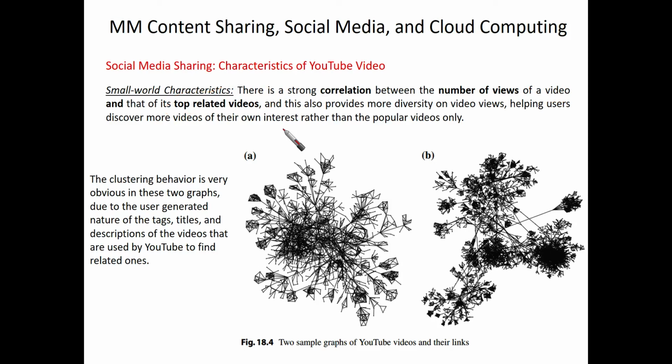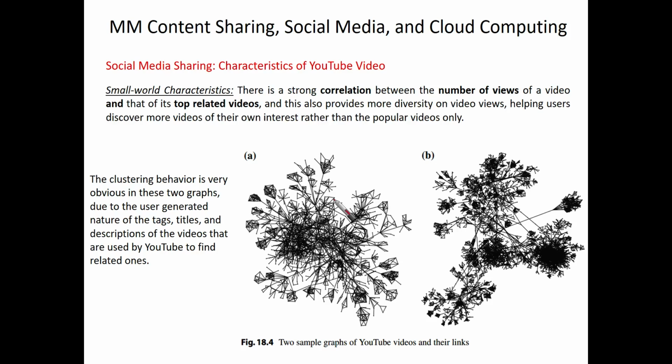If we just rely on the popular videos, every user basically consumes the most popular videos, but we can see what the related videos are, and then we can diversify the views. That's how it's happening, right?